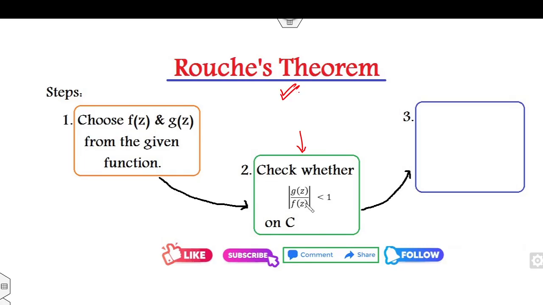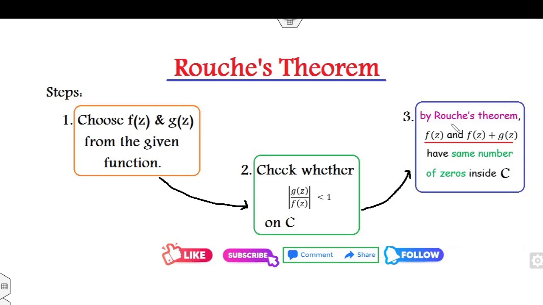If this property is not satisfied, then you can never apply the Rouche theorem. And once the absolute value of g over f is less than 1, that means the absolute value of g is less than the absolute value of f. That means f and f plus g have the same number of zeros.